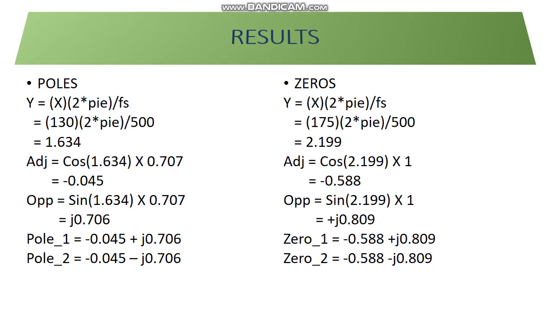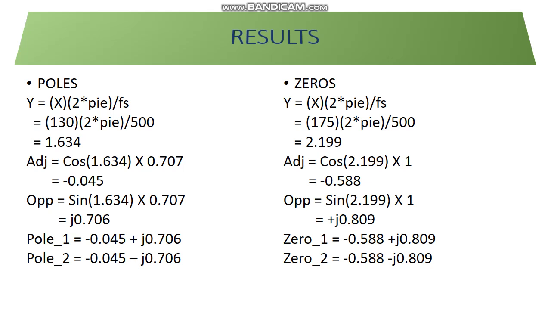The results. On this slide, I've shown the formulas I've used to calculate the poles and the zeros. And as you can see, the formulas are a bit the same, but when it comes to substituting, they will be a bit different. When you calculate the poles, for frequency, you use the signal frequency.